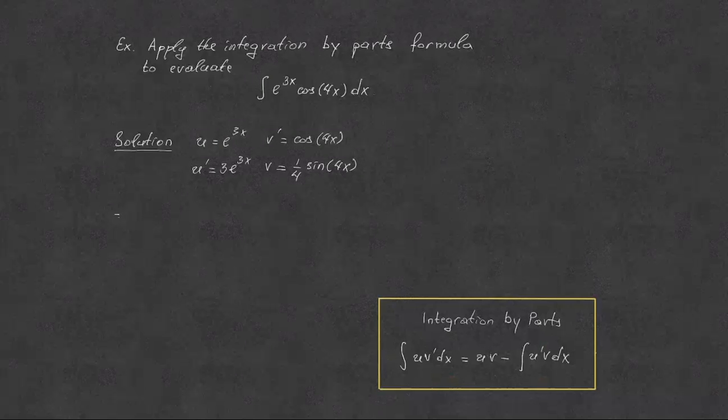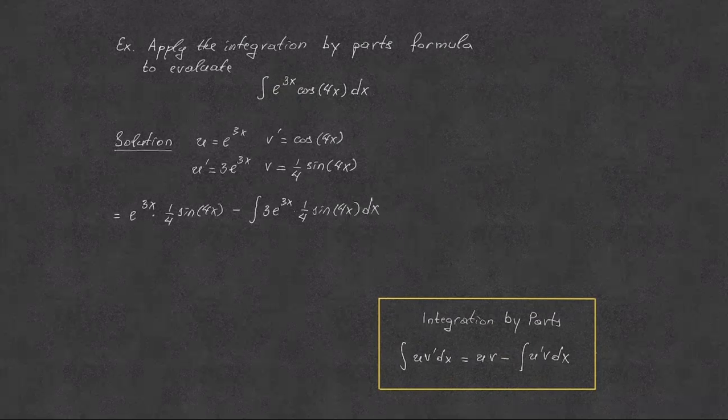Our original integral is going to be equal to e to the 3x times 1/4 sine 4x minus the integral of 3 e to the 3x times 1/4 sine 4x dx.